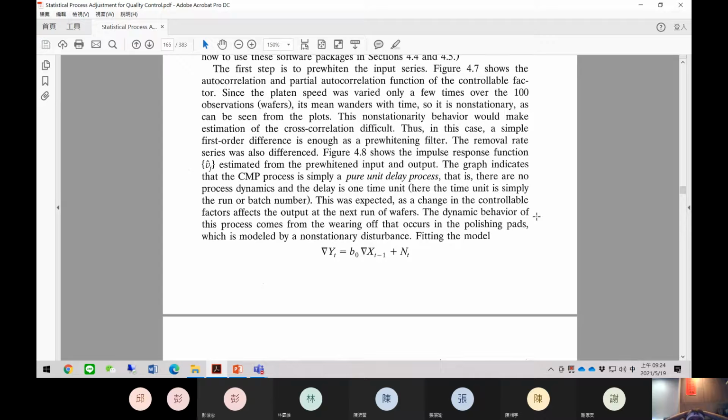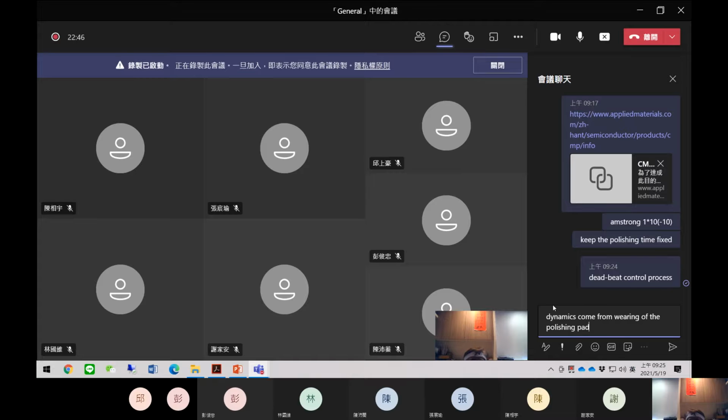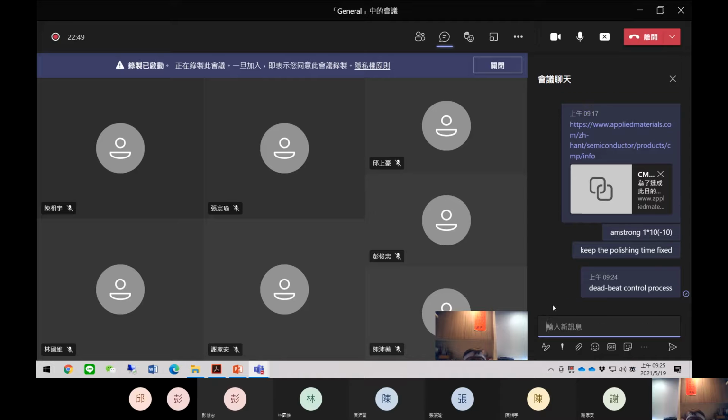Here, the time unit is simply the run, or batch number. A typical run could be one wafer, a batch of wafers, or a couple of batches of wafers. The dynamic behavior of this process comes from the wearing off that occurs in the polishing pad.